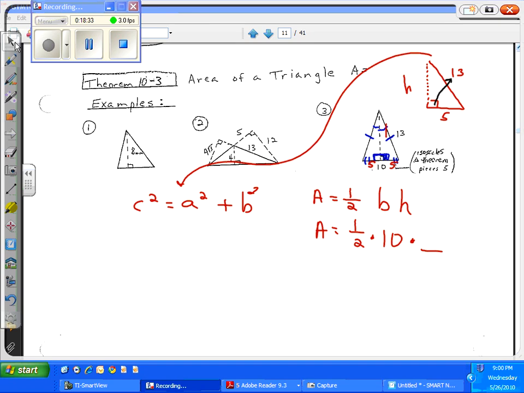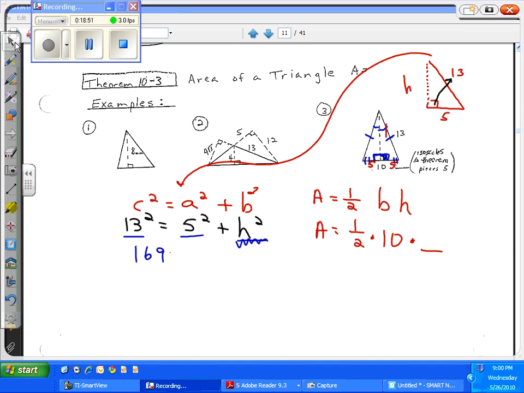So we're going to take the hypotenuse, which is the one across from the right angle, C, which is 13 squared, equal to one leg, which is 5 squared, plus the other leg, which is our height squared. We're going to simplify by doing exponents. These two, not that one.